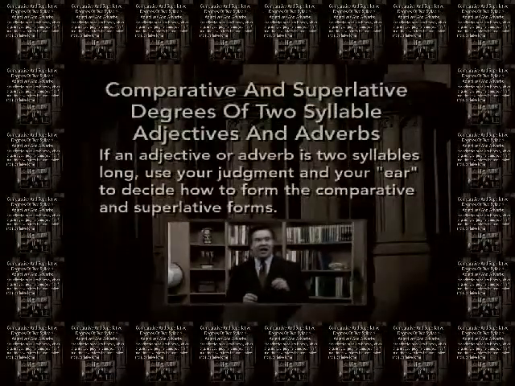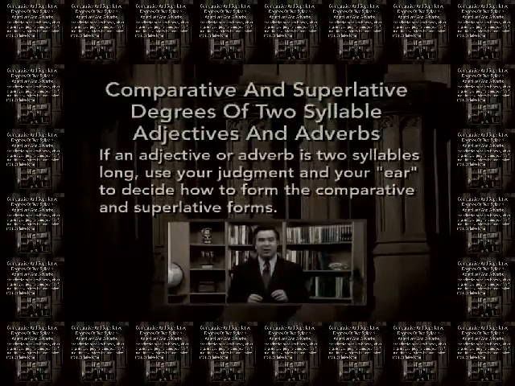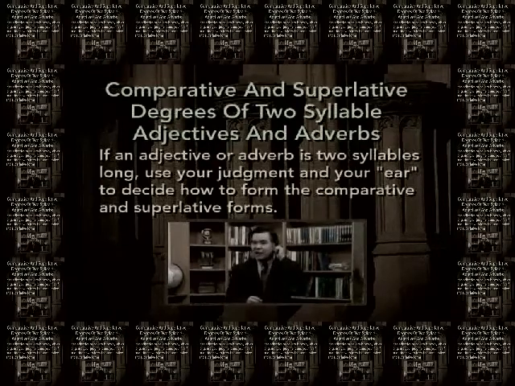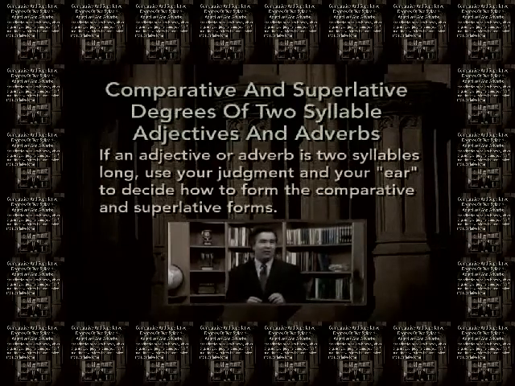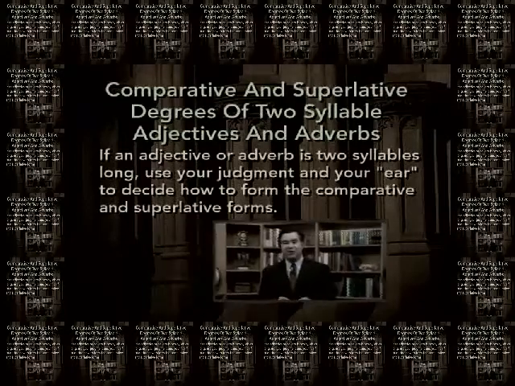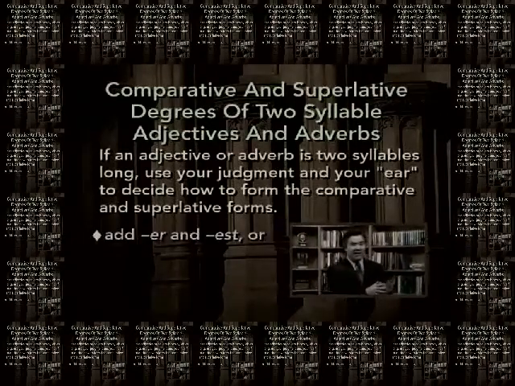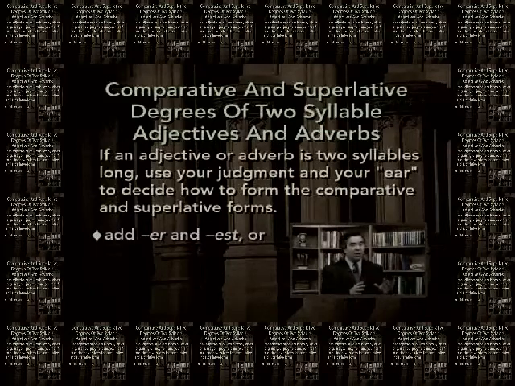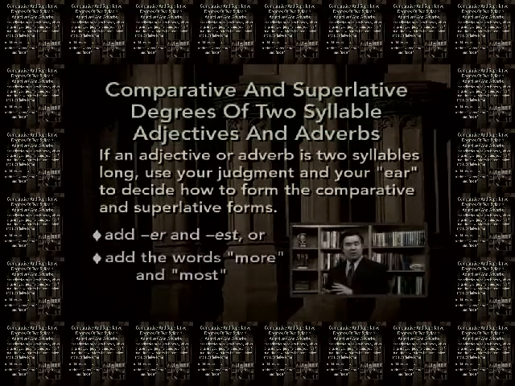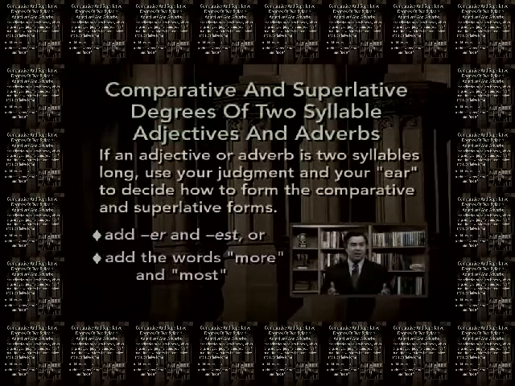If an adjective or adverb is 2 syllables long, use your judgment and your ear to decide how to form the comparative and superlative forms. You can either add er and est if you want, or you can add the words more and most, depending on which sounds right. And in most cases, it will be fairly obvious which sounds better.